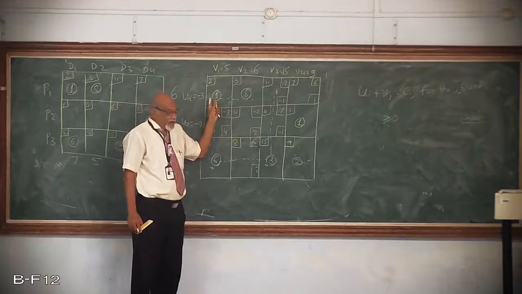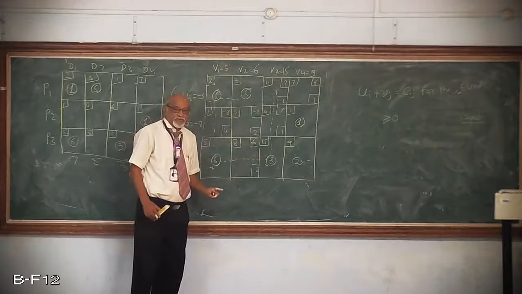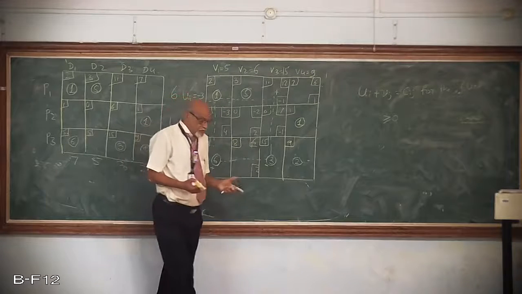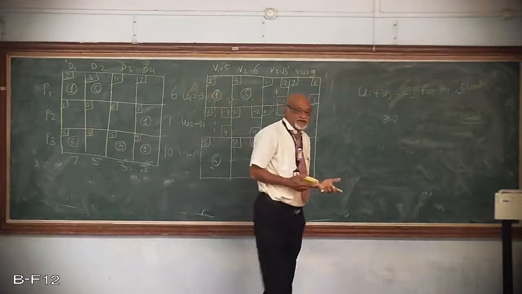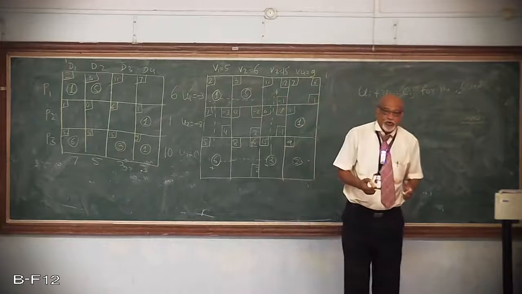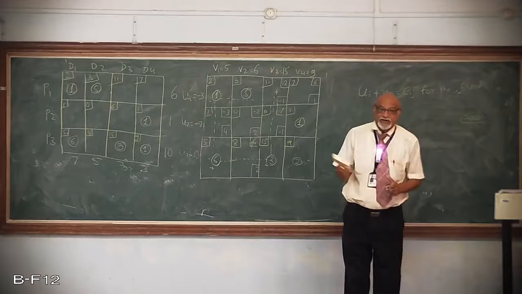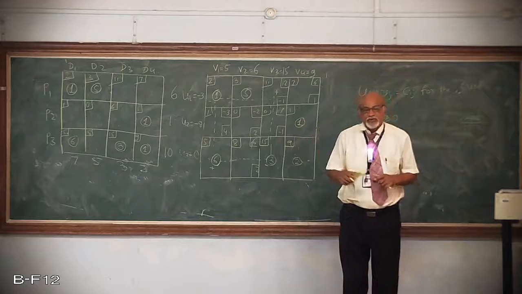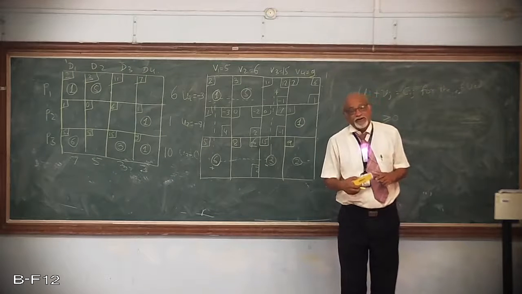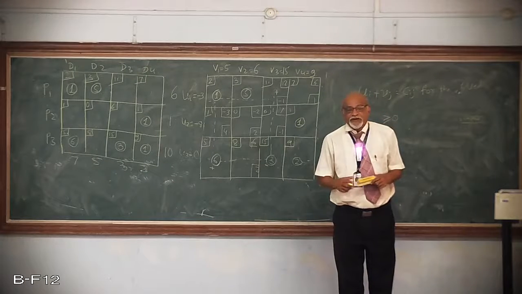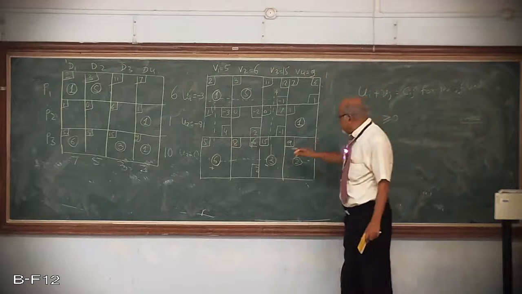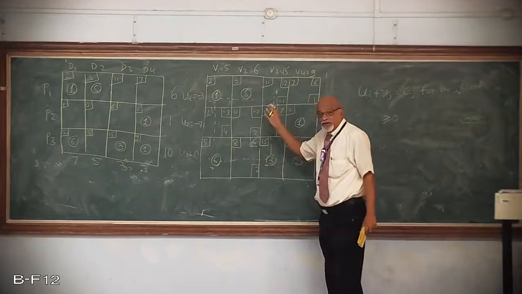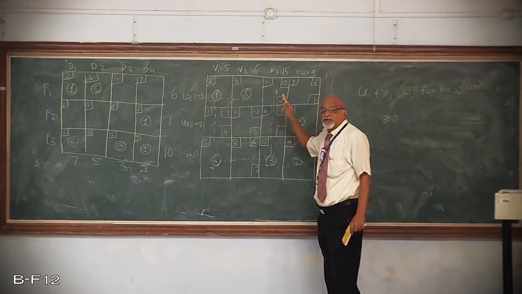And if both are least, then you have to consider both the things, and that will lead to degeneracy during generation of the next solution. That is what we will talk about, maybe in some other session. That is, try to understand. If simultaneously they become 0, the number of allocations will become less than m plus n minus 1.